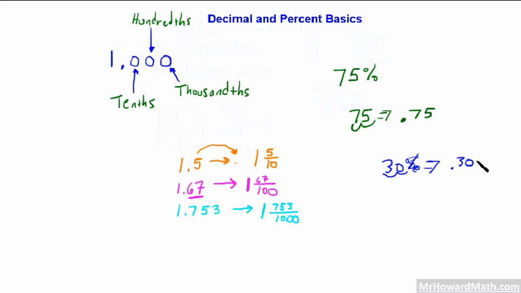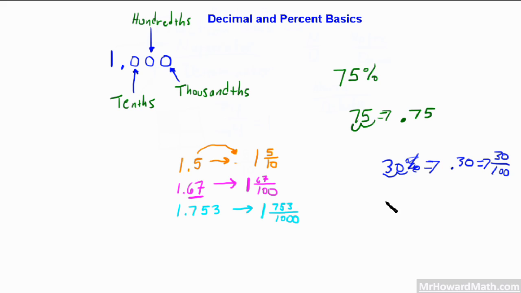And again, when you say it that way, what does that mean in fraction form? It's easy. 30 hundredths, 30 out of 100. And you've already got a great foundation to work on in making these conversions from percents to decimals to fractions and anything in between.